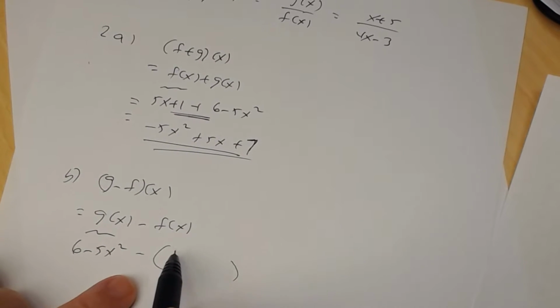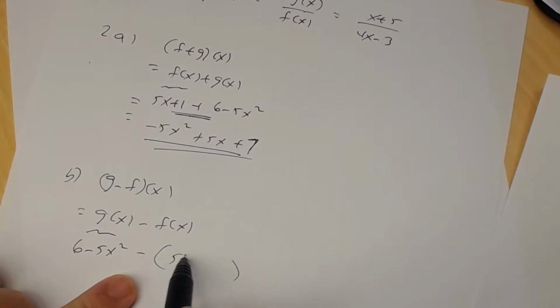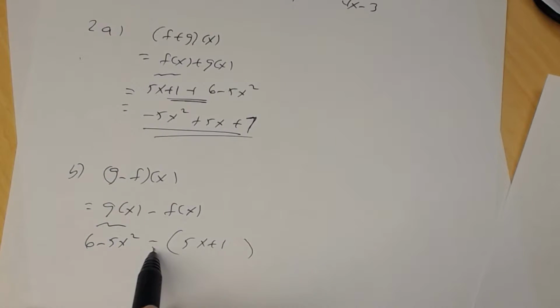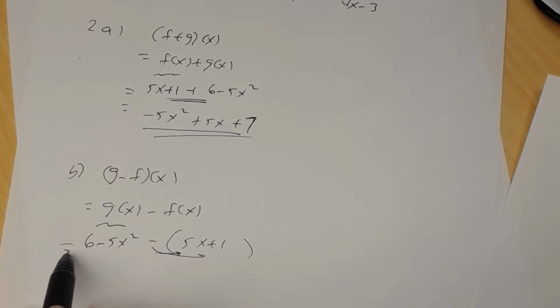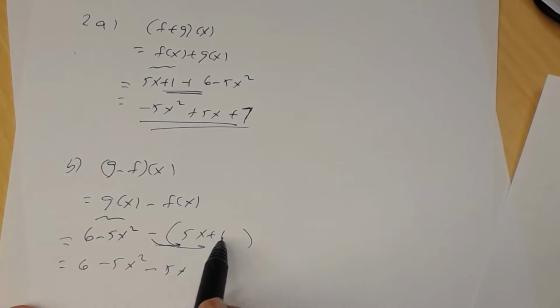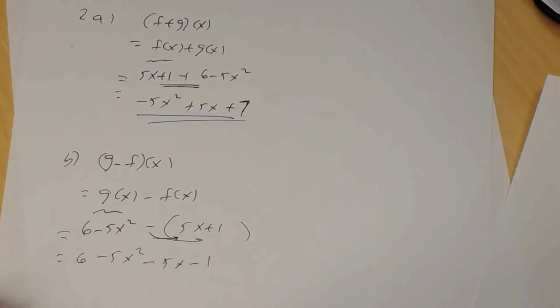But you are subtracting f of x. f of x is 5x plus 1. Put that in parentheses because you're subtracting both of those terms, not just the 5x, but the positive 1 as well. Now we're going to distribute the negative here. So I'm going to get 6 minus 5x squared minus 5x. A negative 1 times 5x is negative 5x. A negative 1 times a positive 1 is a negative 1.